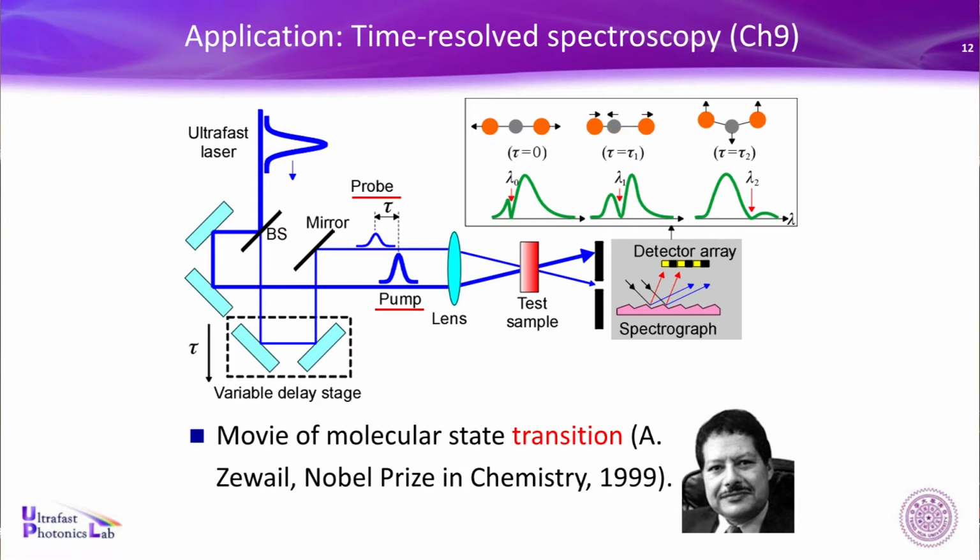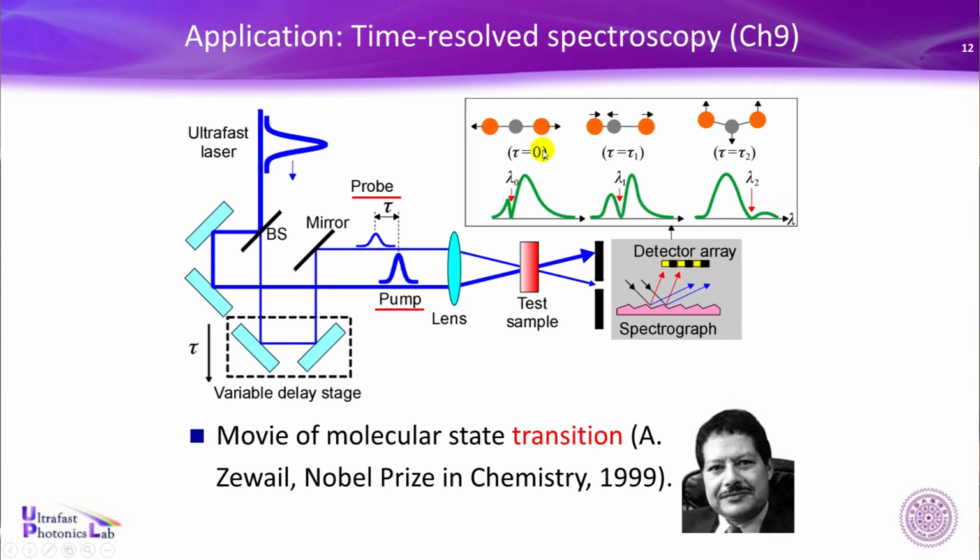So by using a very simple interferometer and a spectrometer at the output, you can trace the transition of vibrational states, which would be impossible otherwise, because the transition is much faster than the traditional tools can catch up. The ultrafast laser source is a possible solution.